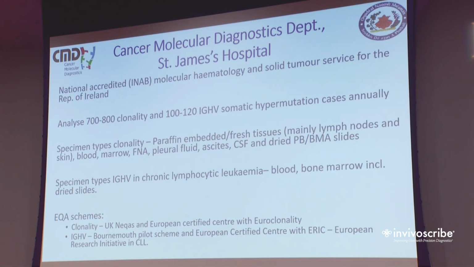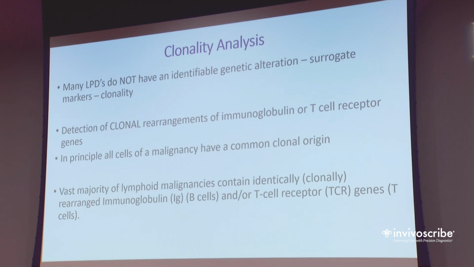So some of the EQA schemes that we're involved in, we're one of the European certified centres with Euroclonality. We also take part in the UK NEQAS. We're also a European certified centre with the European Research Initiative in CLL for IGH somatic hypermutations.